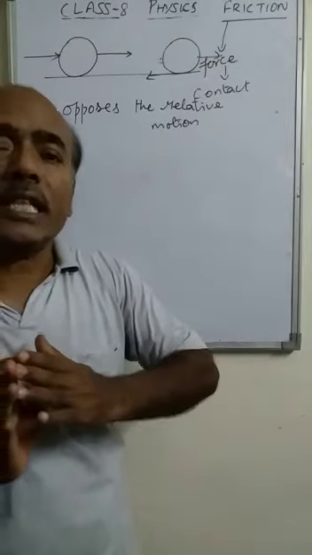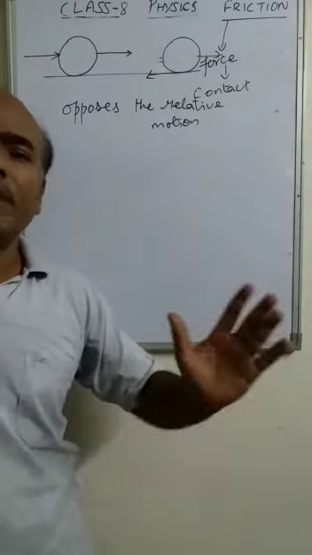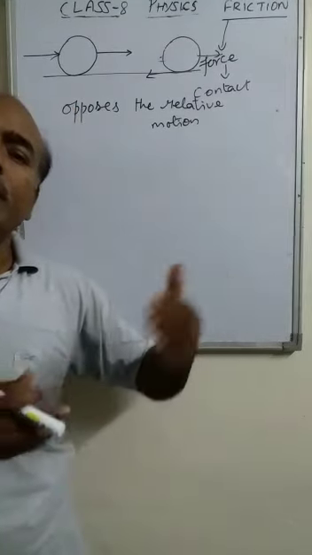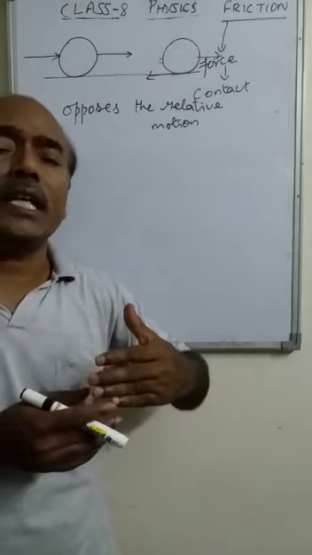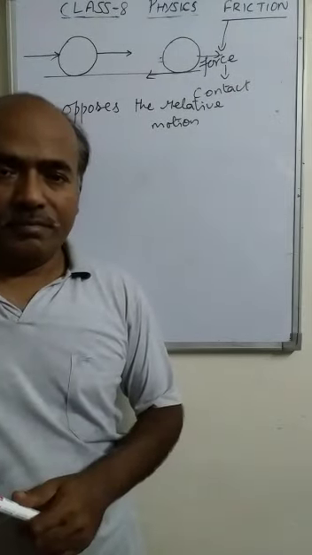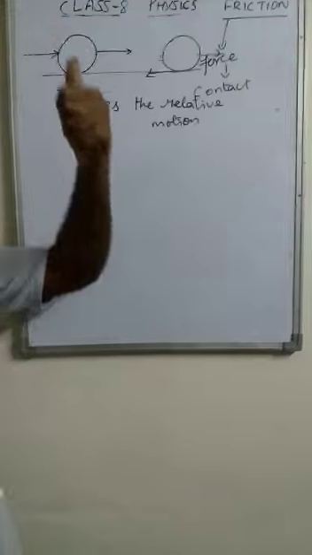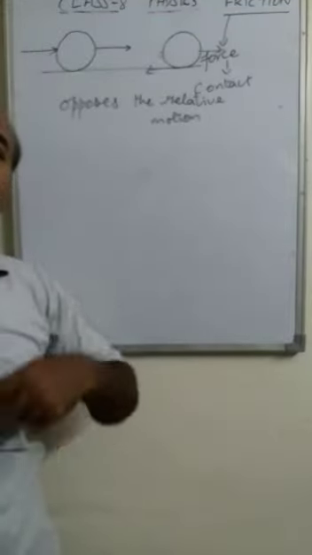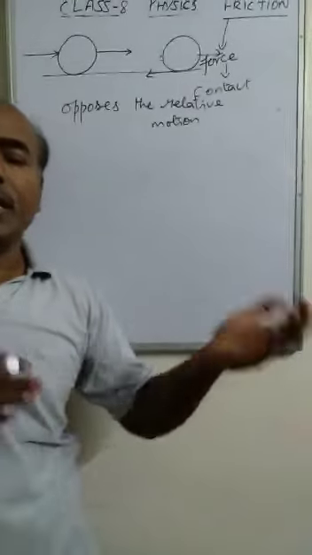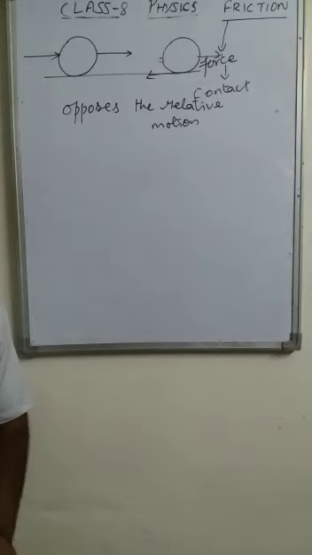It is not required at all. In those cases, we say the friction is an enemy, it is a foe. So the friction is required and not required. We must see those examples.